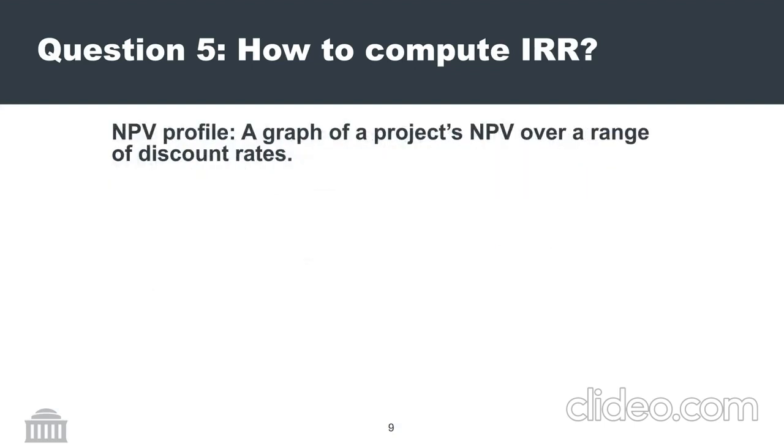First, let's learn how to build an NPV profile for a given project. By definition, NPV profile is a graph of a project's NPV over a range of discount rates.